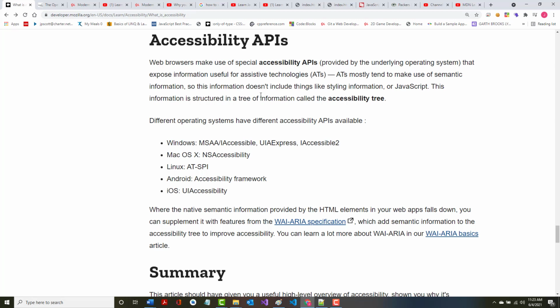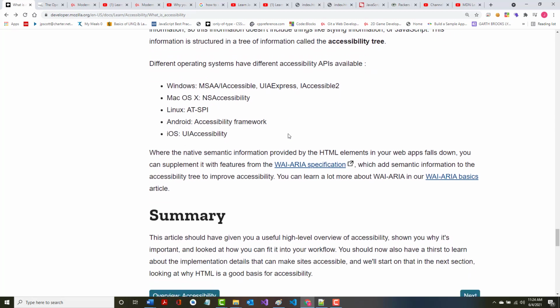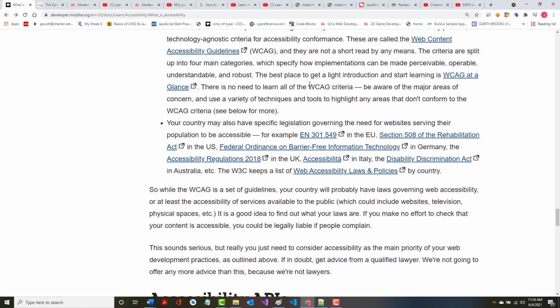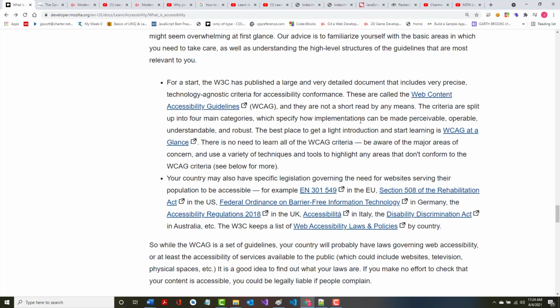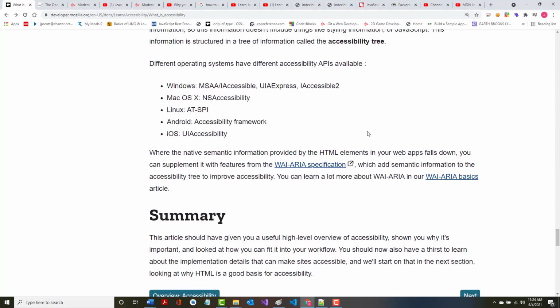Web browsers make use of special accessibility APIs that expose information useful for assistive technologies, or ATs. Mostly, as it says, they tend to make use of semantic information. This information is structured in a tree in the form of an accessibility tree. Different operating systems have different accessibility APIs available. The best thing that you can do is, again, start with what we talked about before, the Web Content Accessibility Guidelines and WCAG at a glance, and then start looking through what you've got, depending on what you're using.